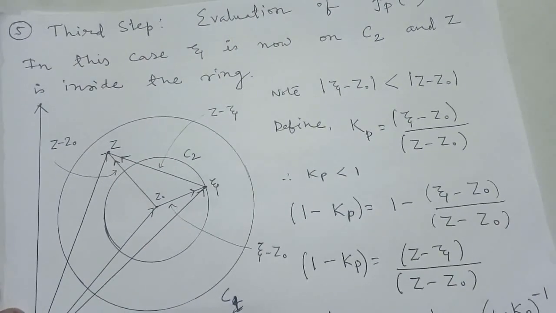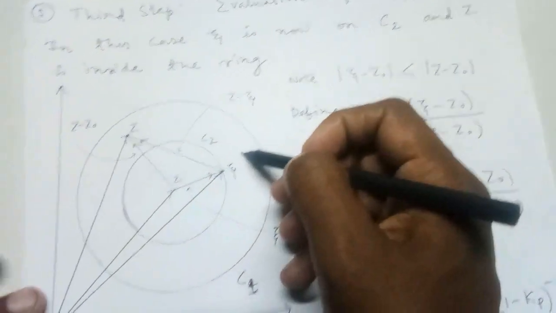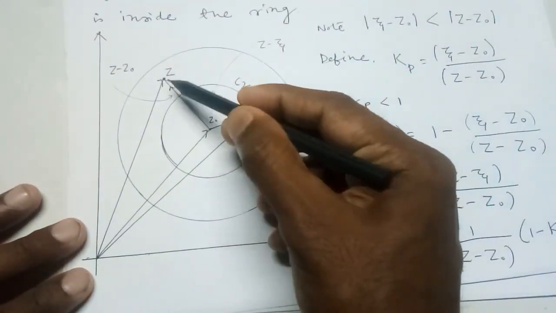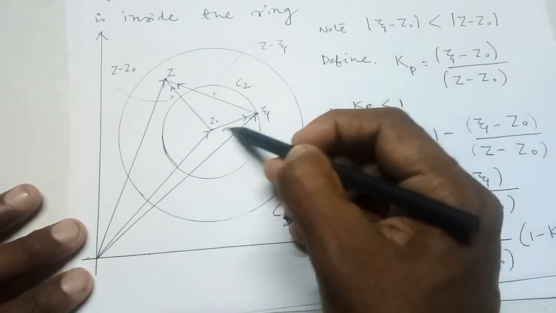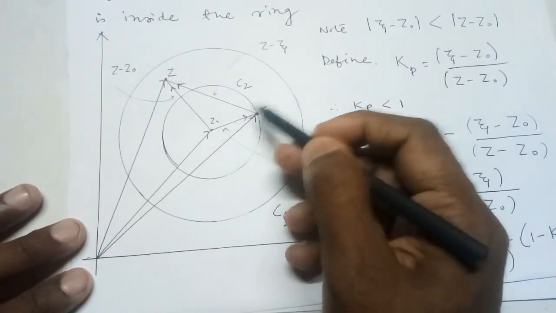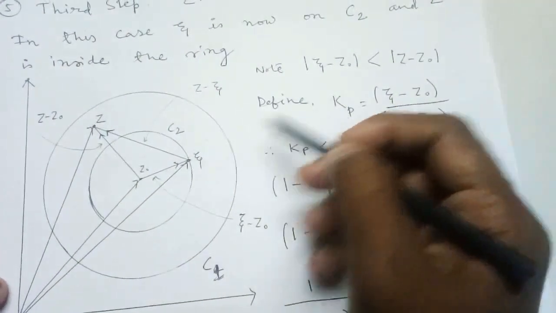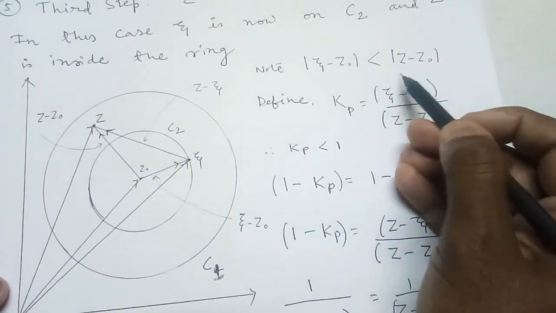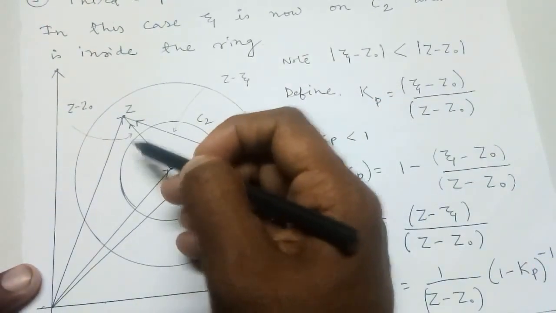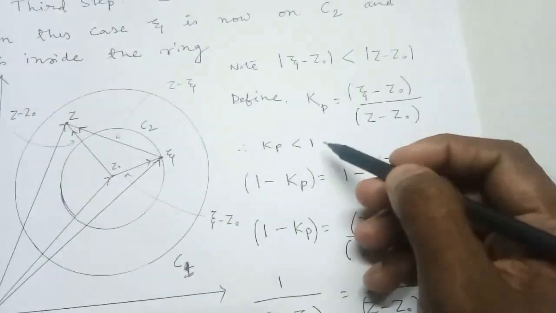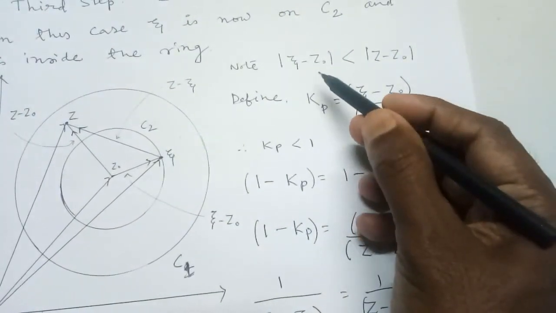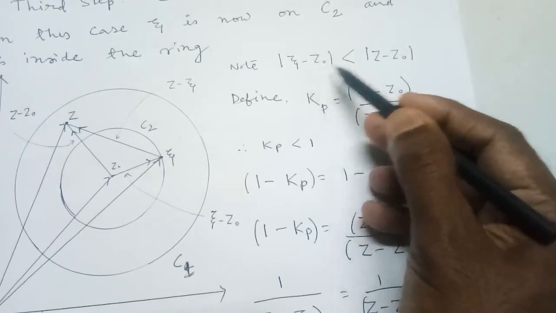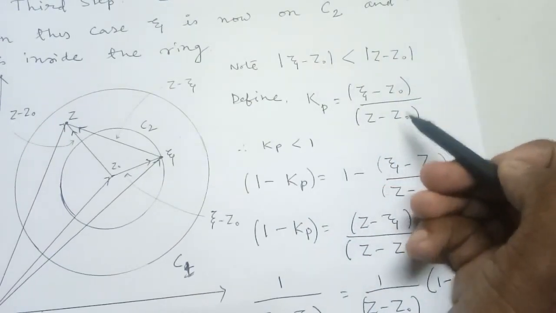So here one can see that the length z minus z0 is greater than xi minus z0. So we write it down here, the magnitude of xi minus z0 is less than the magnitude of z minus z0. We define kp by using these two terms, xi minus z0 and z minus z0.